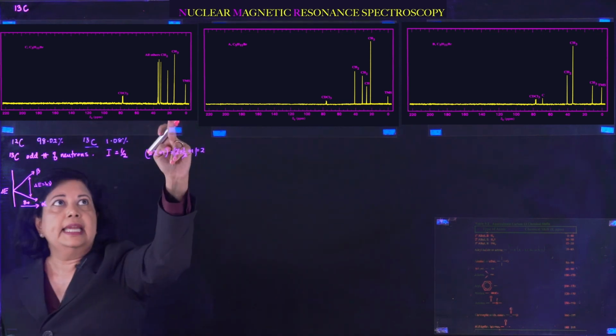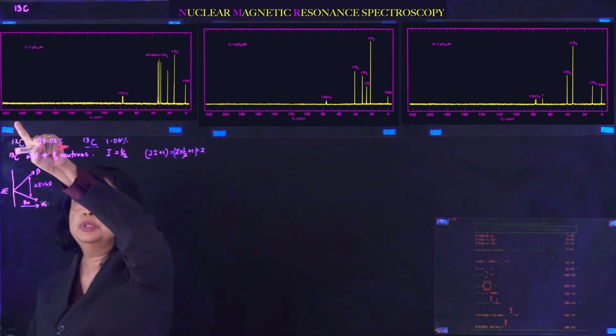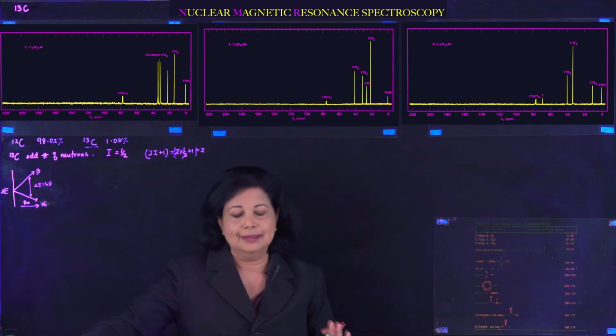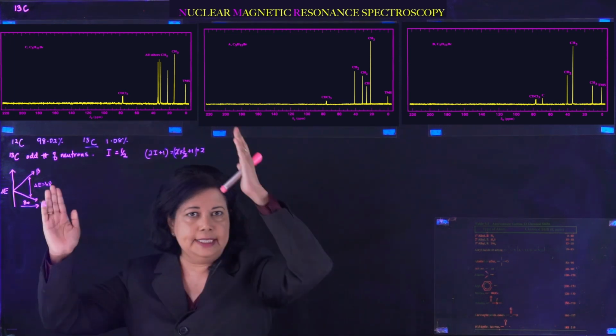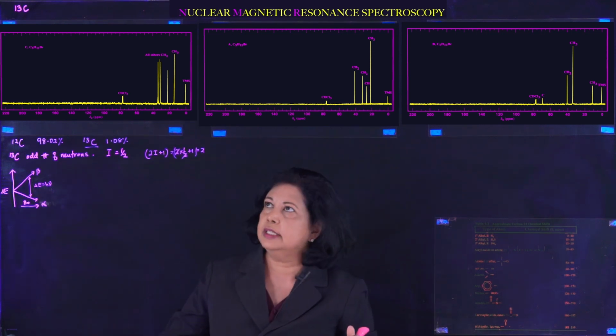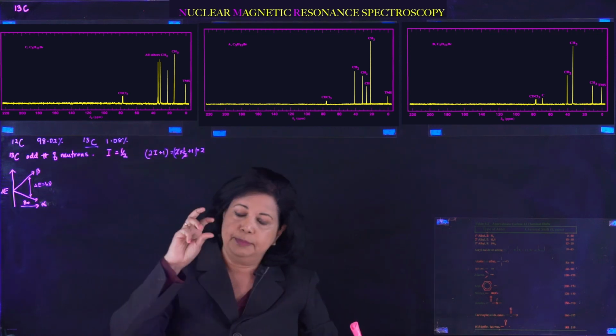You can see the scale at the bottom is very different from a proton. It goes from 0 to 220. And we're talking about carbons here. Carbon would have different peaks or absorptions in different environments. When you have electron withdrawing groups, the electron density around the carbon is depleted.